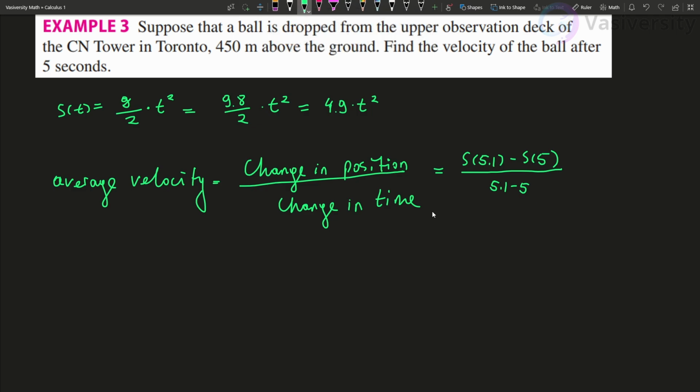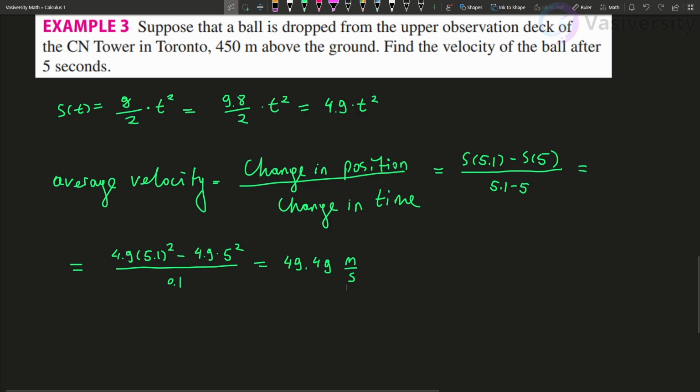So let's see. We will have that this is equal to, let's plug in, 4.9 times 5.1 squared minus 4.9 times 5 squared, divided by 0.1. So that will give us 49.49 meters per second.